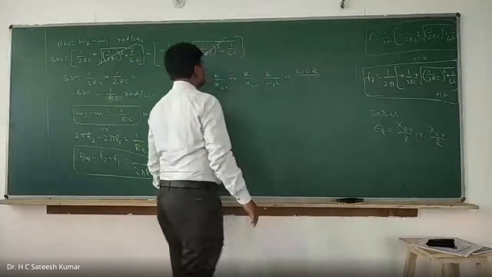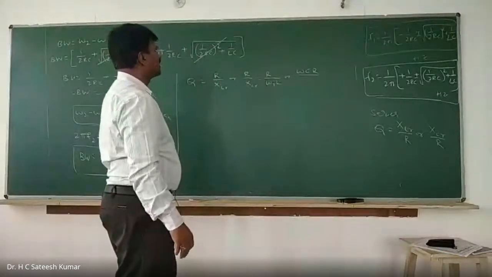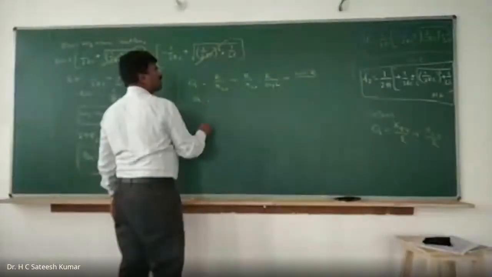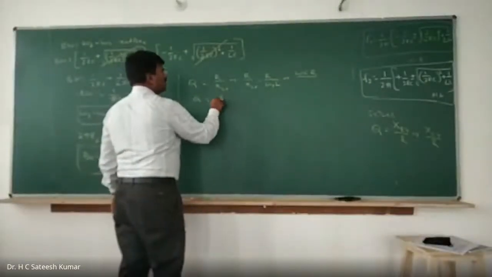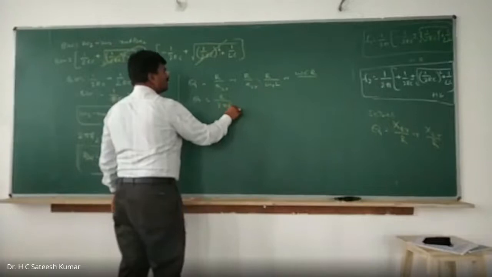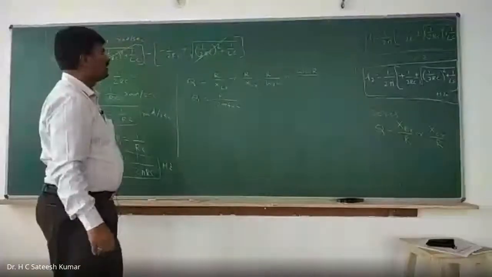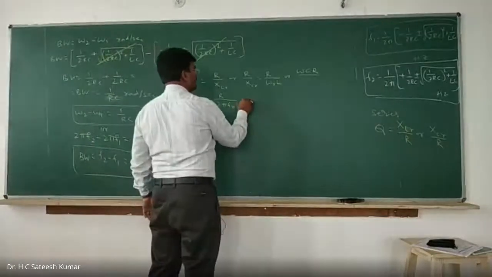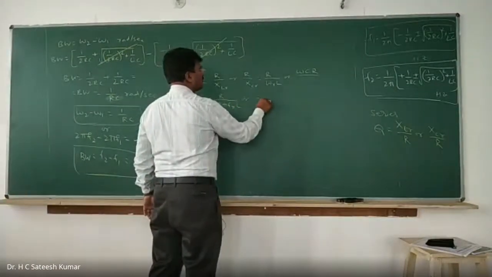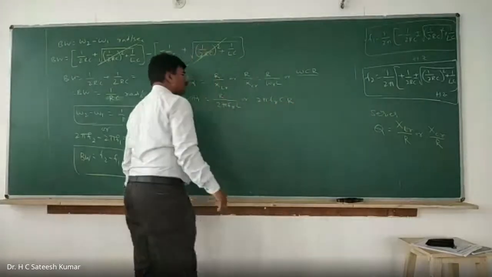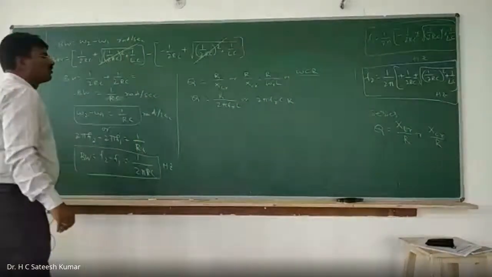Therefore, quality factor is equal to R by 2 pi FR into L, or R into 2 pi FR into CR. That is your quality factor.